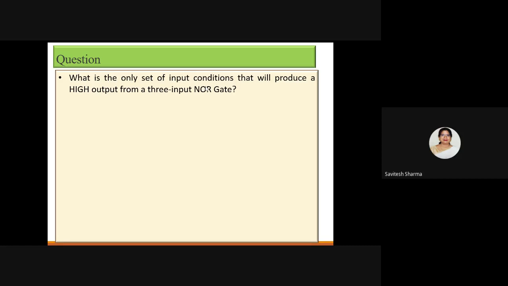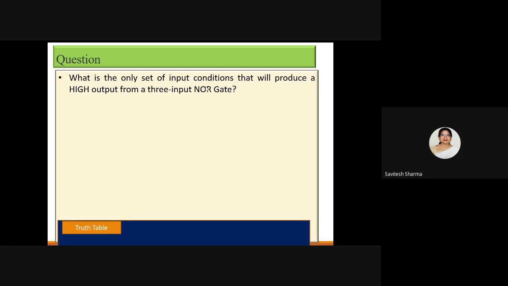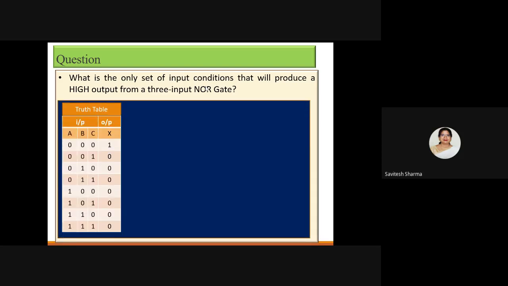So draw the truth table of the NOR gate. It is a simple question. The NOR gate truth table you should know. It is asking you to tell the input condition where you will get high output. High output means 1.